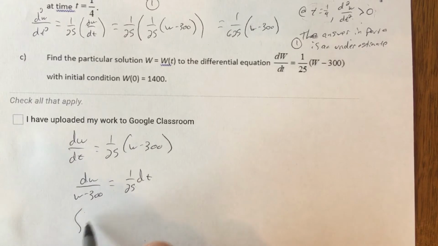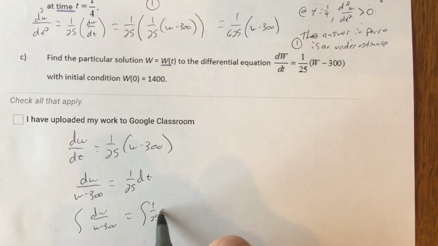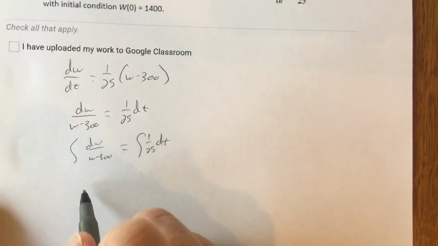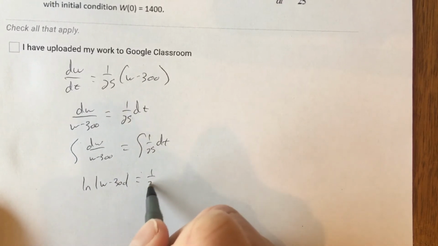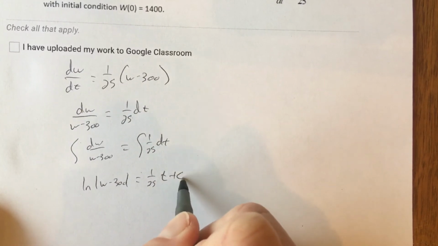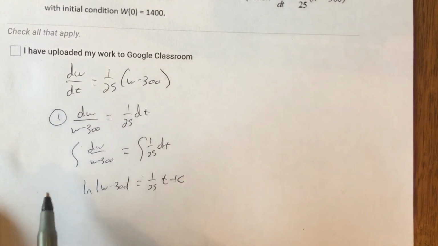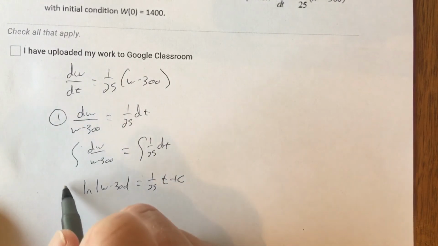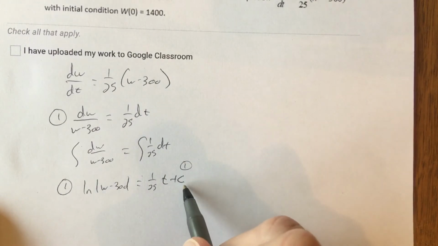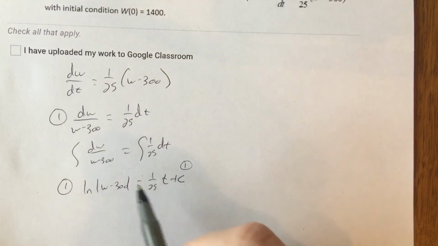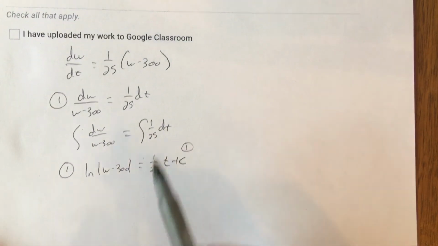Okay, if I integrate now, what we're going to get is the natural log of the absolute value of w minus 300 equal to 1/25 t plus c. All right. So far they gave you a point for separating the variables. They gave you a point for the antiderivatives here. Back then they gave you a point actually for writing plus c down, and then they'll give you another point for figuring out what it equals. Today probably they would only give you the 1 point for that, but not a big deal.